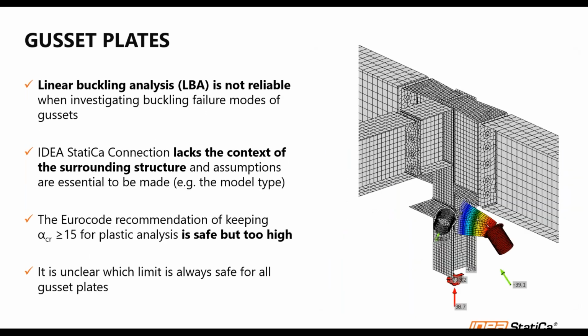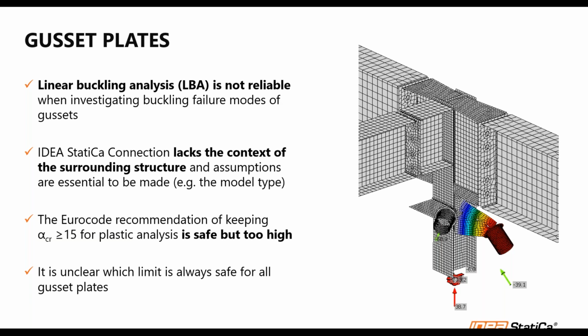So in IDEA StatiCa, we have the linear buckling analysis. However, the results of this analysis are not reliable when investigating the buckling failure modes. It's not that this type of analysis is not reliable. It is a reliable type of analysis.